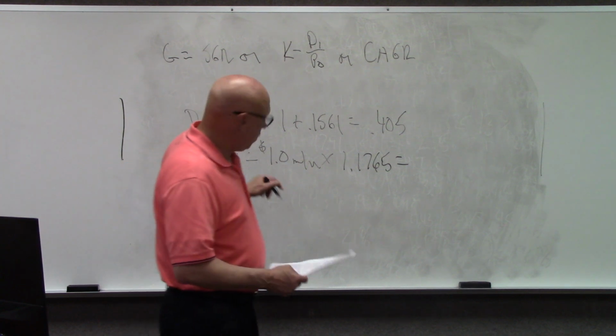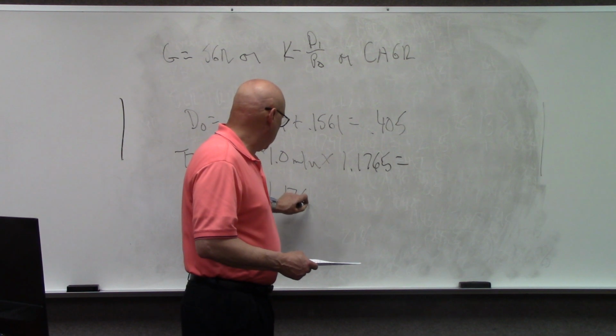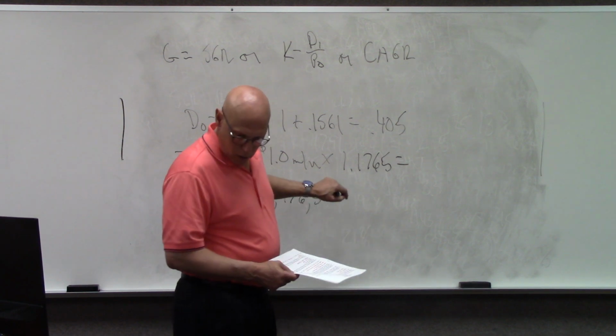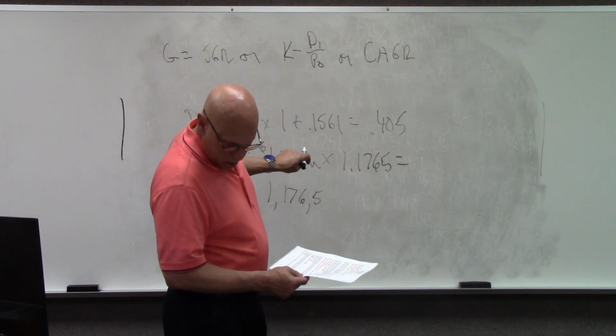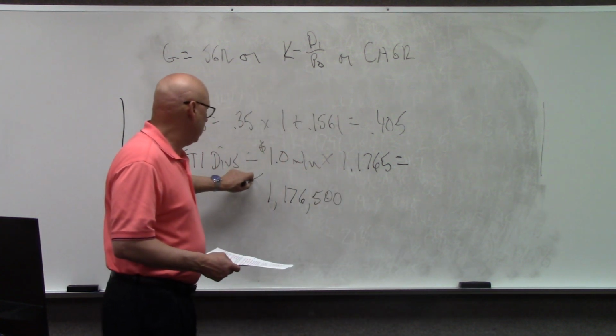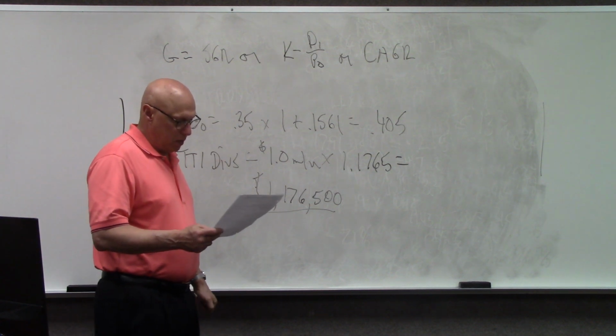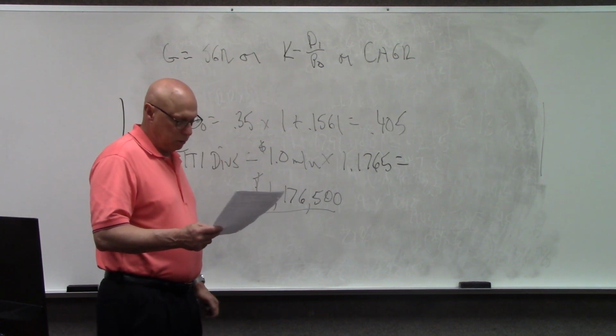We get 1,176,500. We're rounding here. That's the total dividends paid next year.